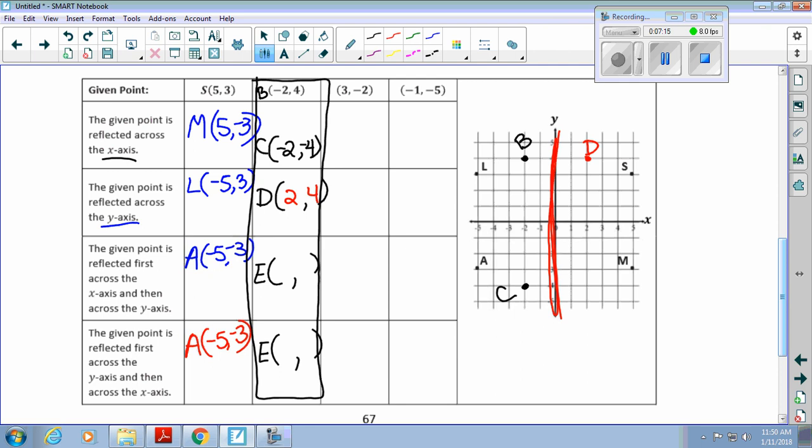Malaya. 2 and negative 4. Very good. 2, negative 4, because we start with B, then we go across the X, that would put you at C, and then across the Y, which would put you at what we're calling point E, and that's 2, negative 4. So again, we changed both the X and the Y because we reflected over both of those axes.